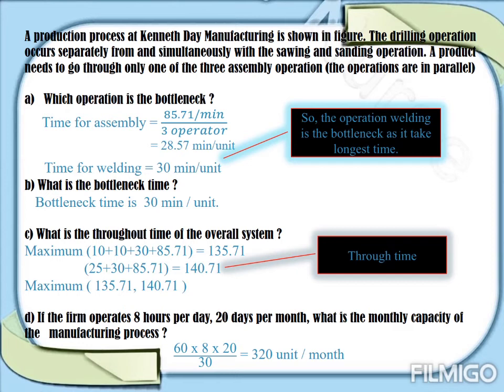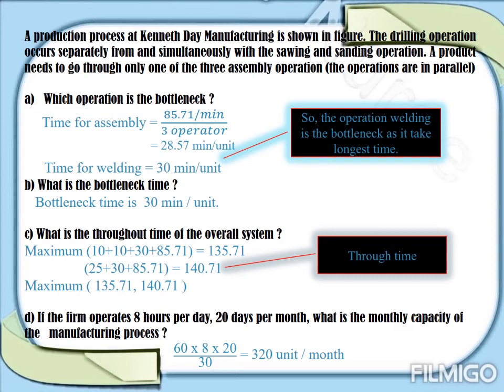So what we should do with the 85.71 minutes is divide by 3, because the assembly is operated by 3 operators.